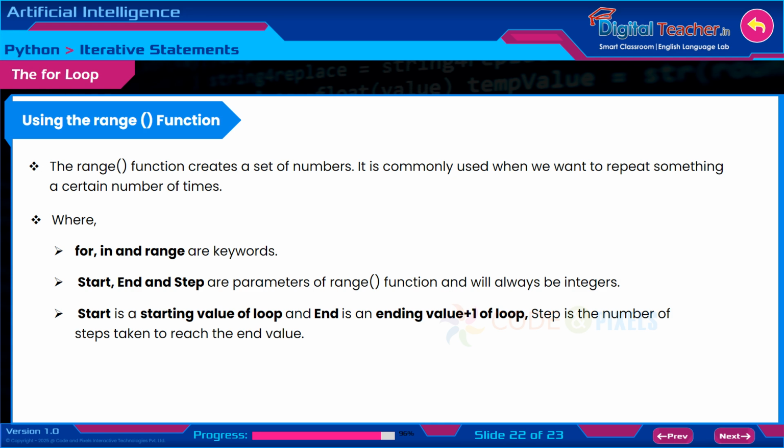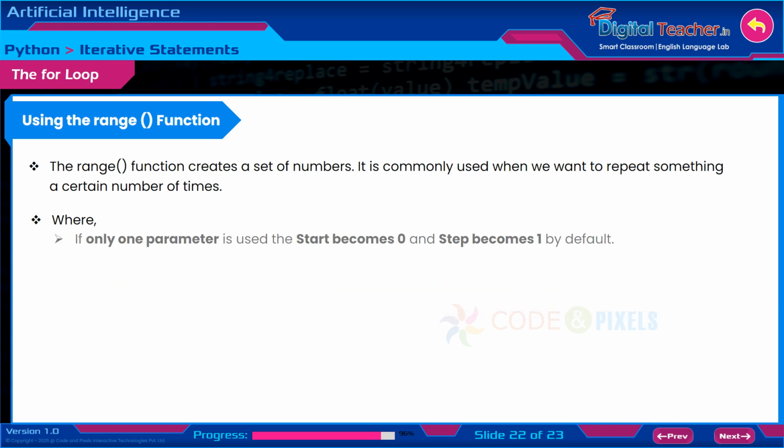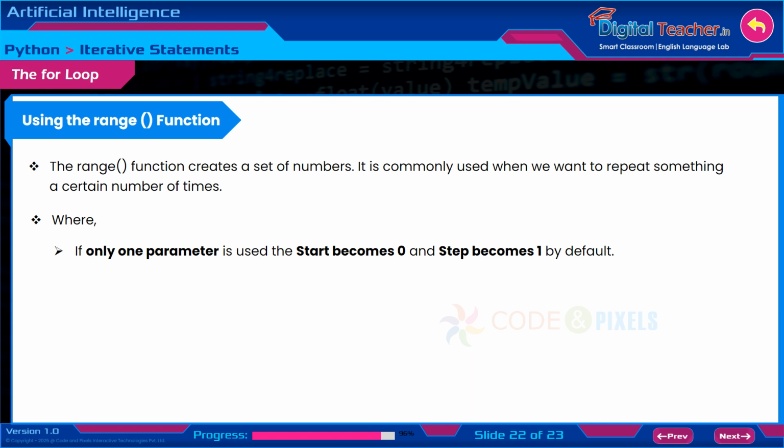Start is a starting value of the loop, and end is an ending value plus 1 of the loop. Step is the number of steps taken to reach the end value. If only two parameters are used, then step value becomes 1 by default. If only one parameter is used, the start becomes 0 and step becomes 1 by default.